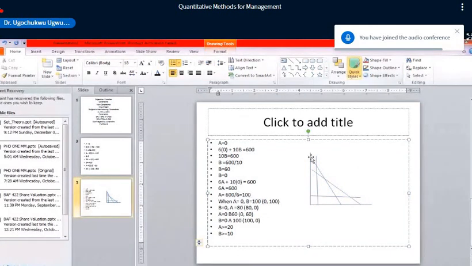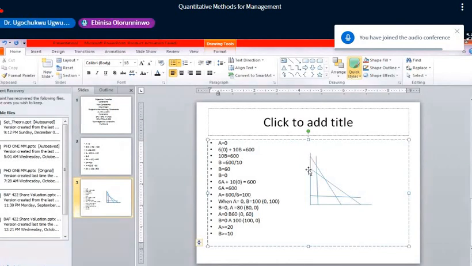Now this one that came from this point down to this point is the line that has 6A plus 10B is equal to 600. That is this line that got to the top here.